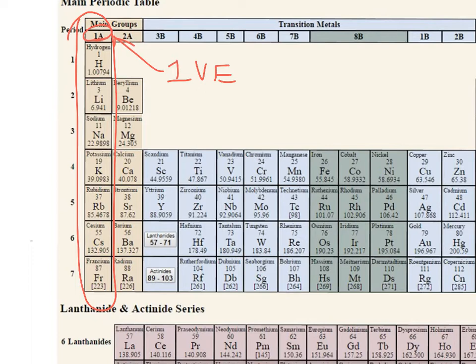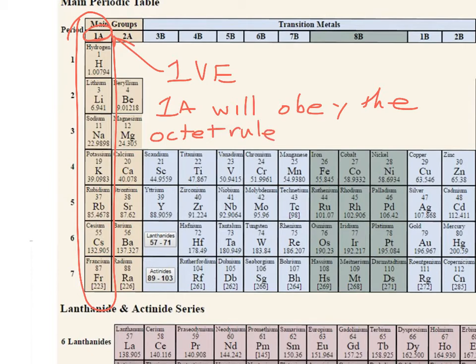So all the elements in group 1A that I have circled there will obey the octet rule by losing one electron.